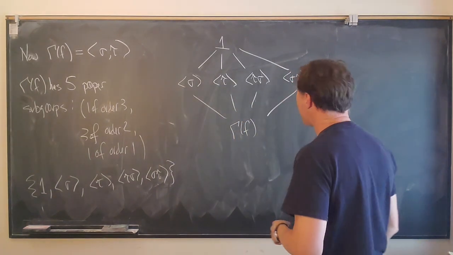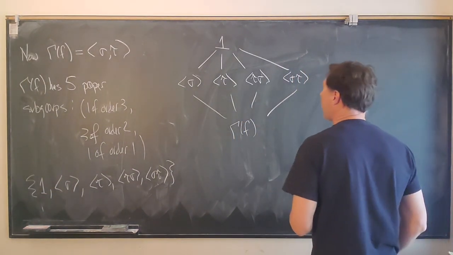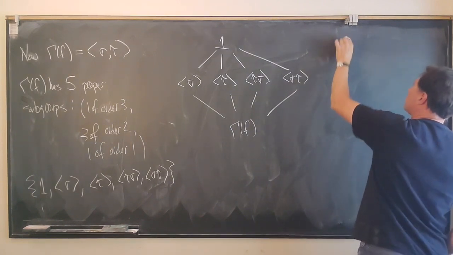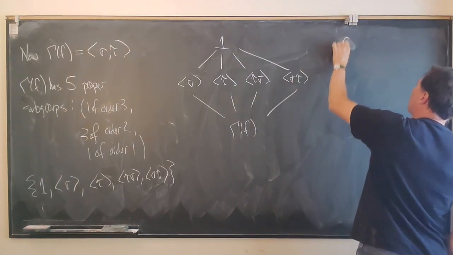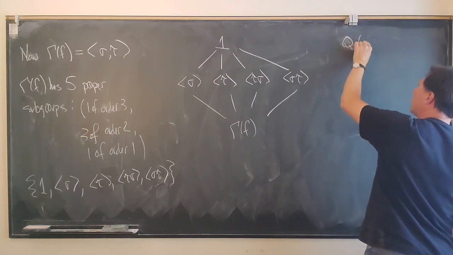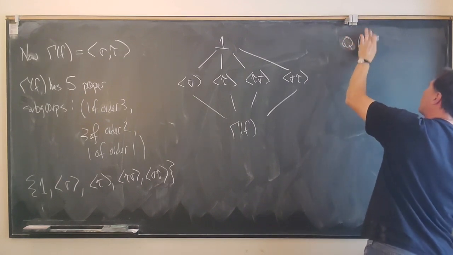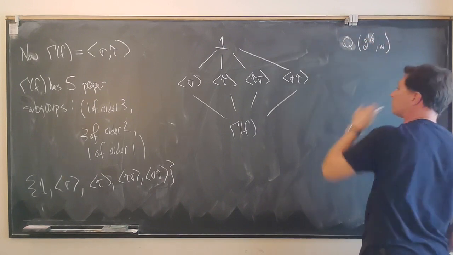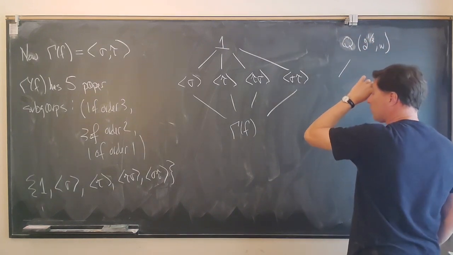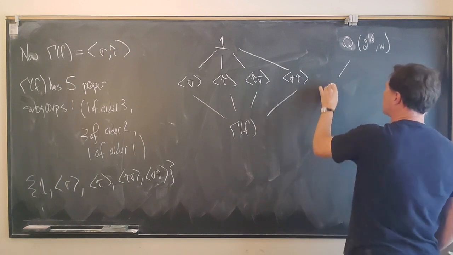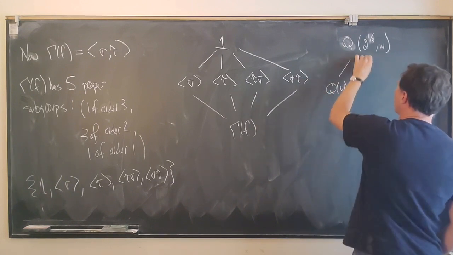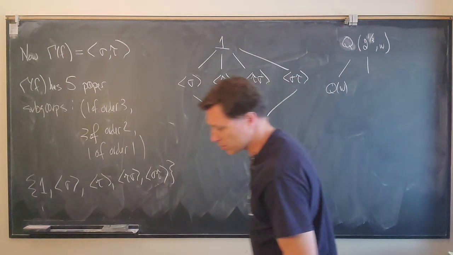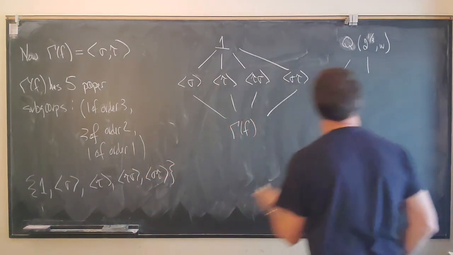Next to that, at the top is going to be Q adjoin 2 to the 1/3 and omega. The fixed field of sigma was Q adjoin omega, and tau's was Q adjoin 2 to the 1/3.